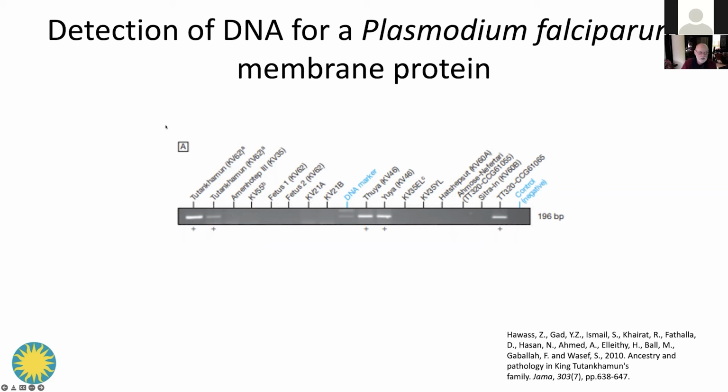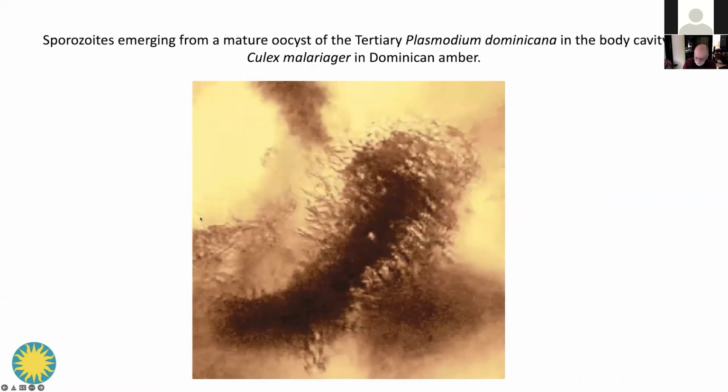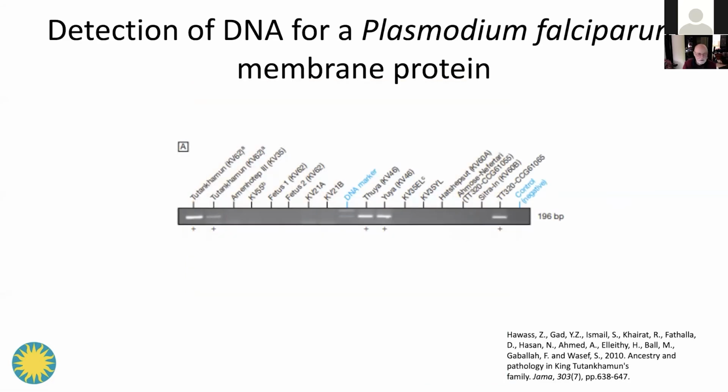And King Tut here on the left, when they tested for the presence of malarial DNA, it was positive. In fact, they found 2 different variants of malarial DNA, proving that King Tut, over the course of his life, his rather short life, had been infected twice. He had malaria 2 different times.